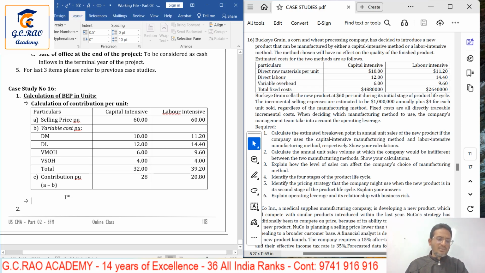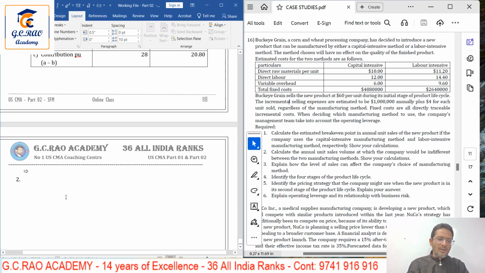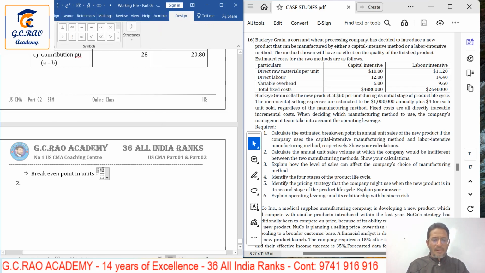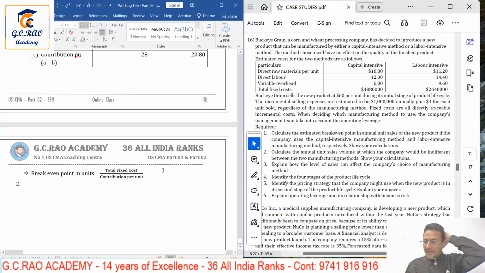Then record small Roman 2, second arrow mark: Break-even point in units is equal to total fixed cost divided by contribution per unit.